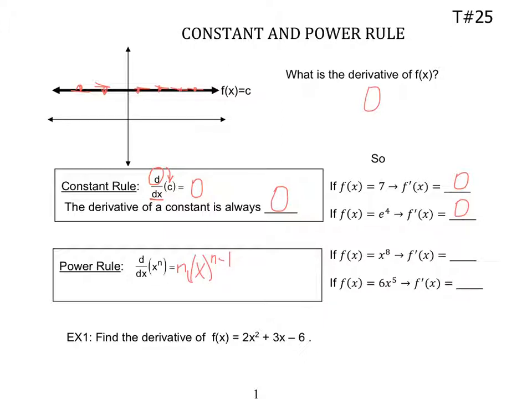Now there's a formula, but I don't remember formulas. As you'll see when we go through this, I remember words. There are certain words that I say in my head as I'm doing calculus. And when I'm doing the power rule, I say this: power to the front, decrease the power by 1.